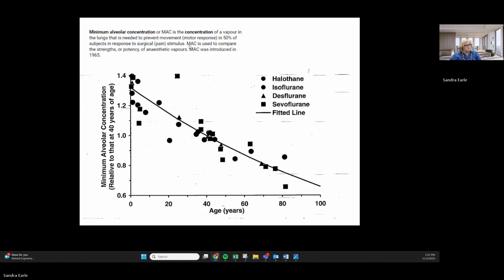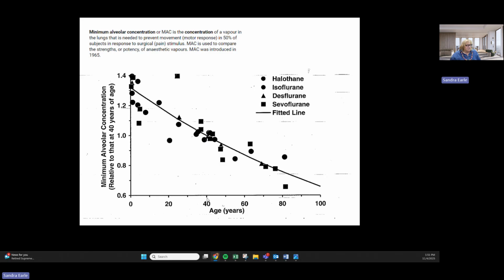Okay, so how much is needed to prevent movement in 50% of subjects? This is the concentration that you have to have relative to somebody at 40 years of age. So one would be the same.